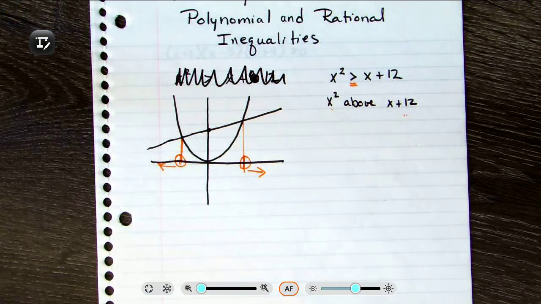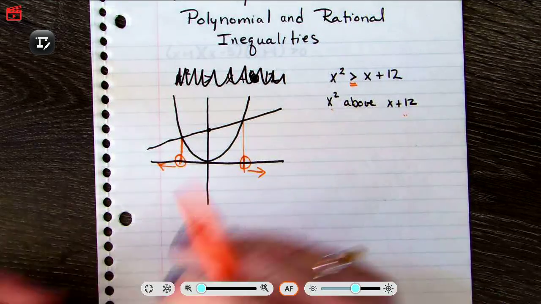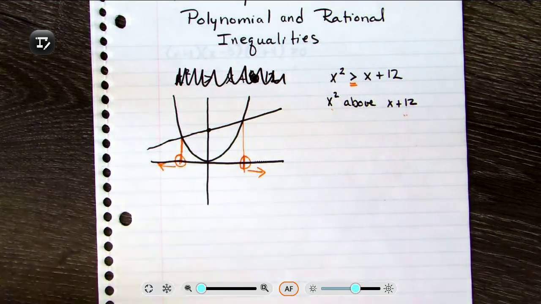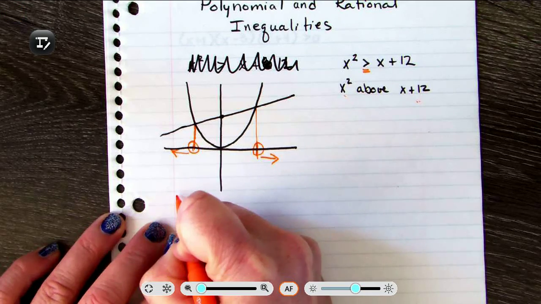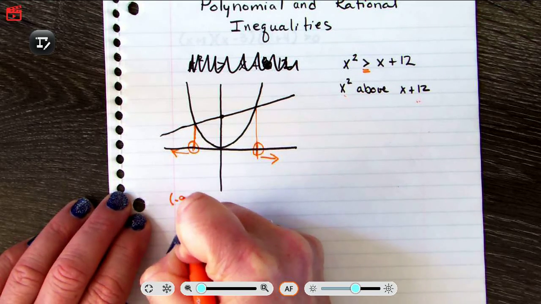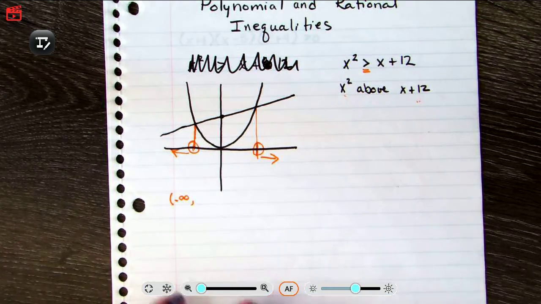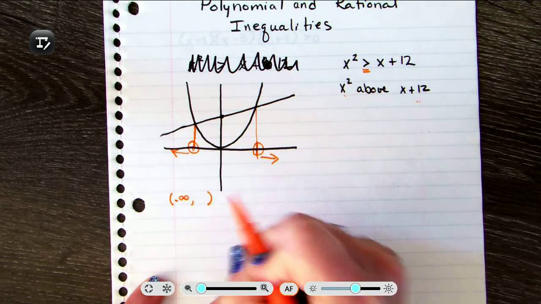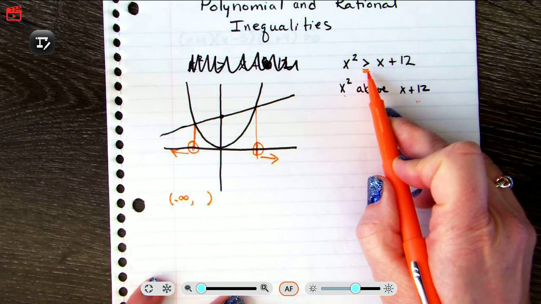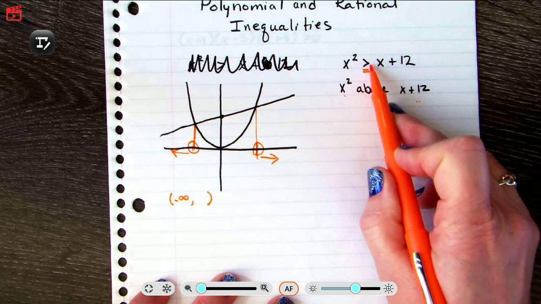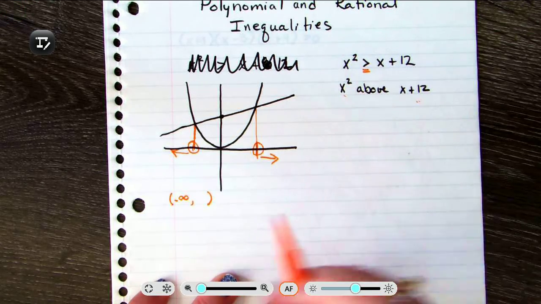Now, since I wanted a strict inequality, we are not going to include those values, but I need to know where that happens. And then we'll write our answer in interval notation. So our interval notation will look like negative infinity until we hit that point with a round bracket, because we want a strict inequality, not an equal to in there.